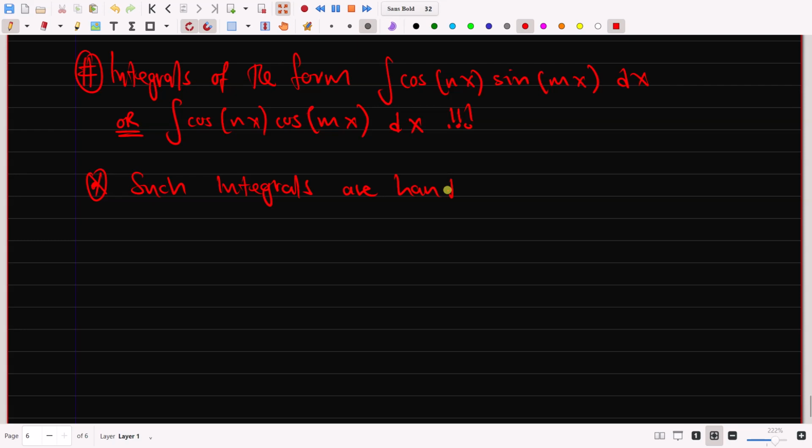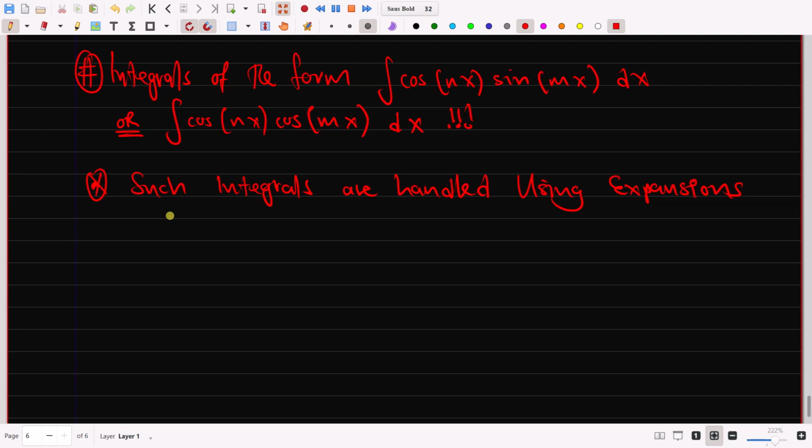So if you want to deal with such integrals, we make use of expansions. So now let's see how to practice these kinds of problems.